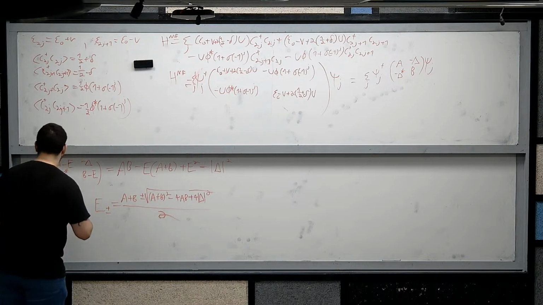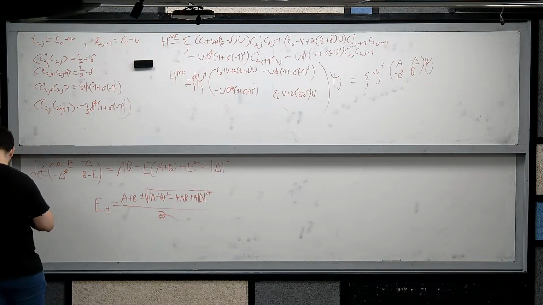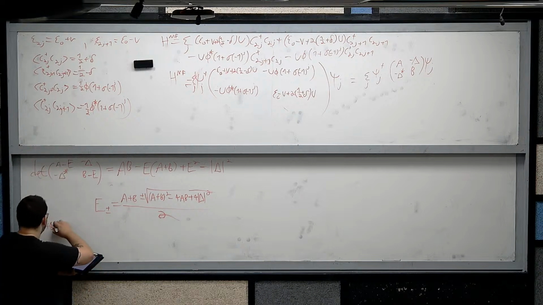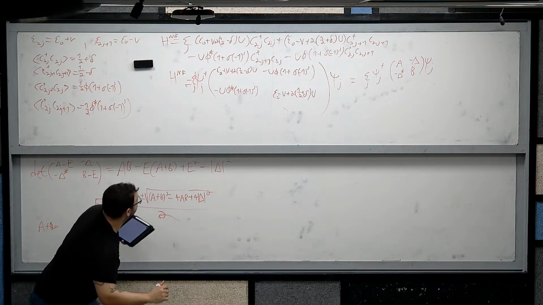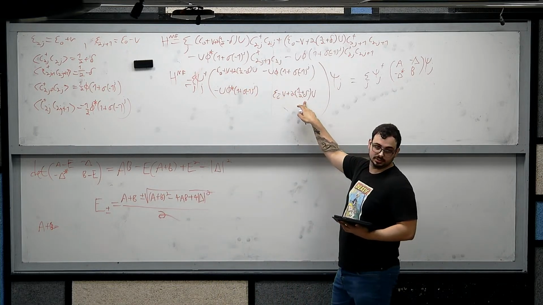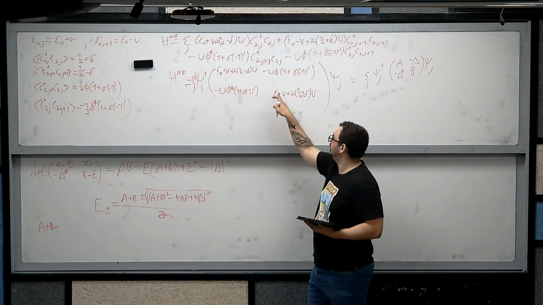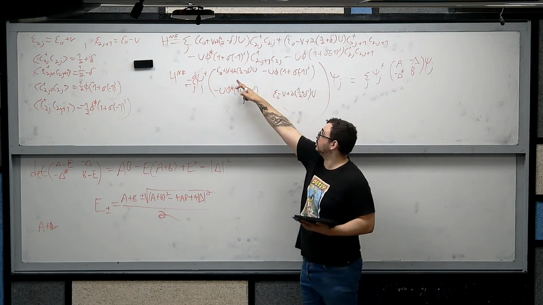So let's solve A plus B, which equals this term plus this term. First of all, the delta cancels out, the lambda cancels out, and the V also cancels out because here it's a minus, here it's a plus.